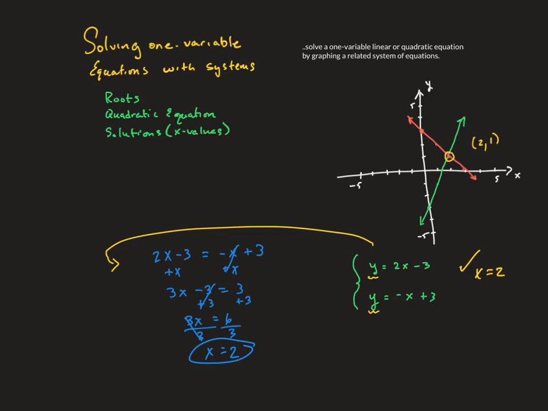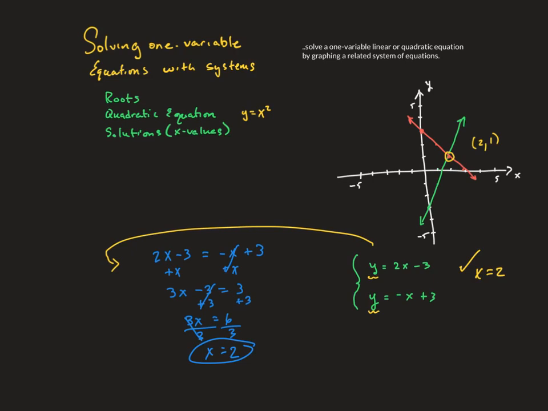And then I have roots here because we just want to remember that roots are the x values of the x-intercepts of a quadratic equation. And a quadratic equation is an equation with the highest degree variable to the second power, reminiscent of y equals x squared, the parent function.